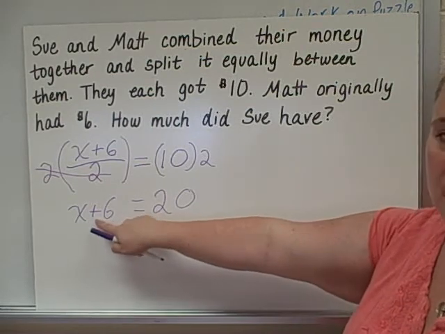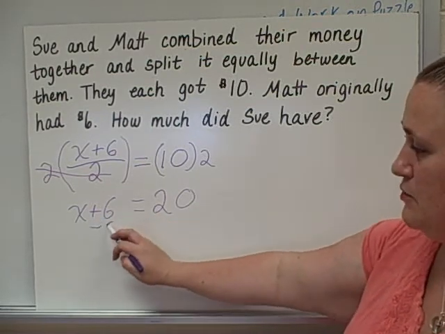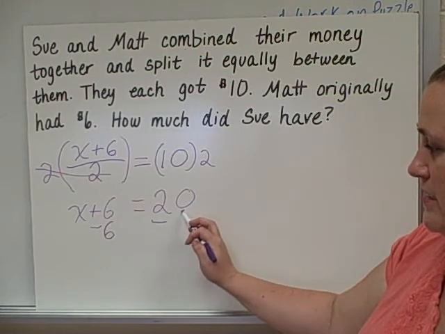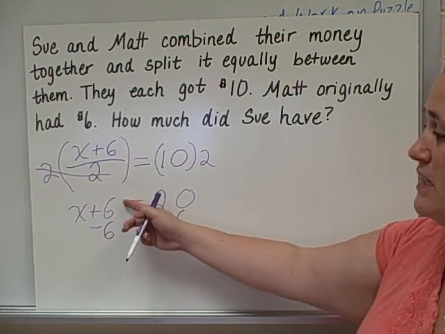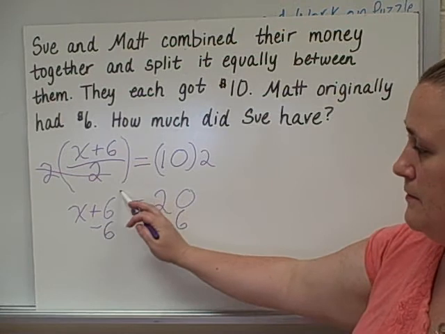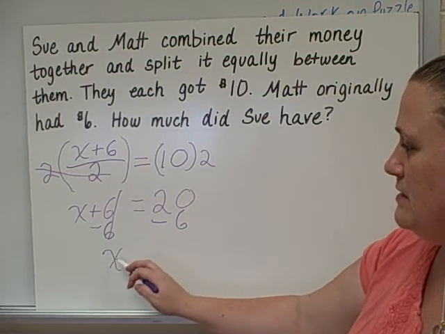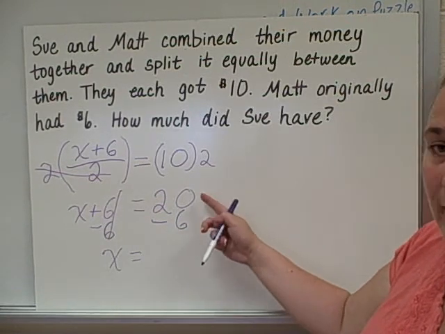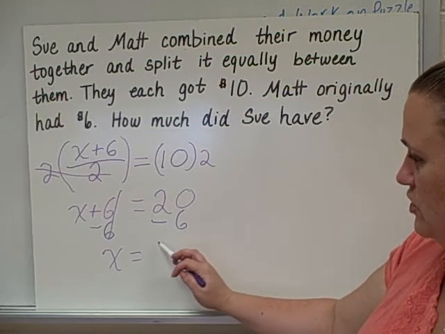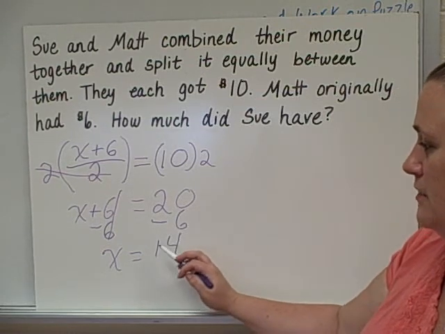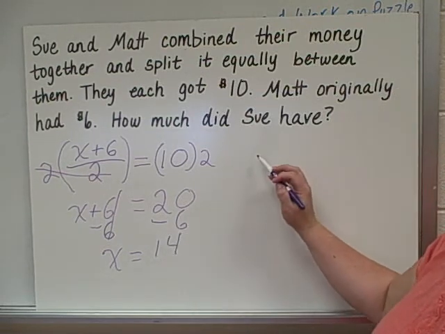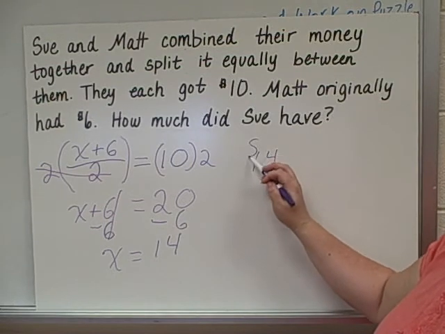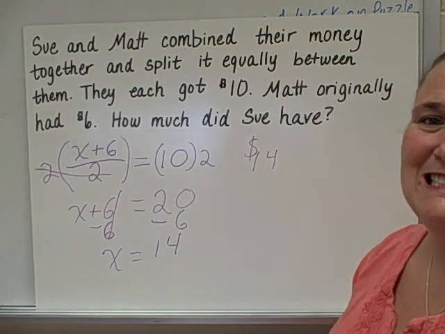Now, to get rid of the plus 6, we subtract 6, or negative 6, because negative 6 is the inverse of positive 6. We get x equals 20 minus 6, which gives us 14. So Sue had $14.